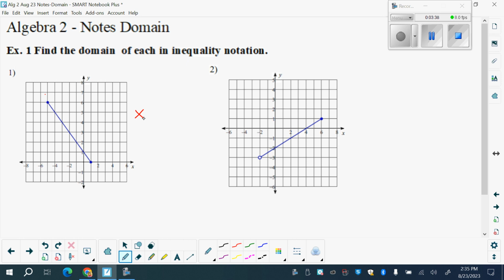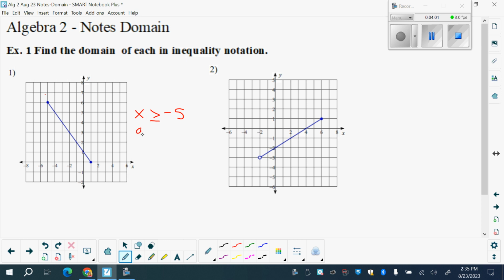Are they bigger or are they smaller? Bigger. So x is greater than or equal to -5? Greater than or equal to, because this is a closed dot. It's a point. It would have to be an open dot like this one over here in order for it to be just greater than.